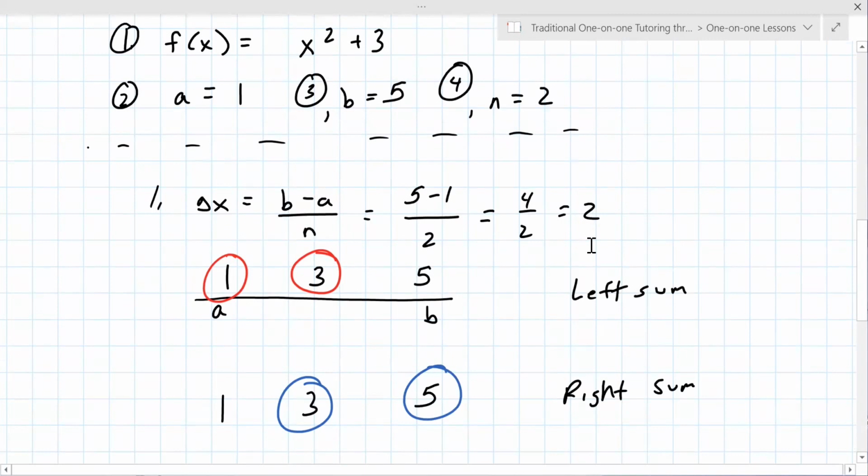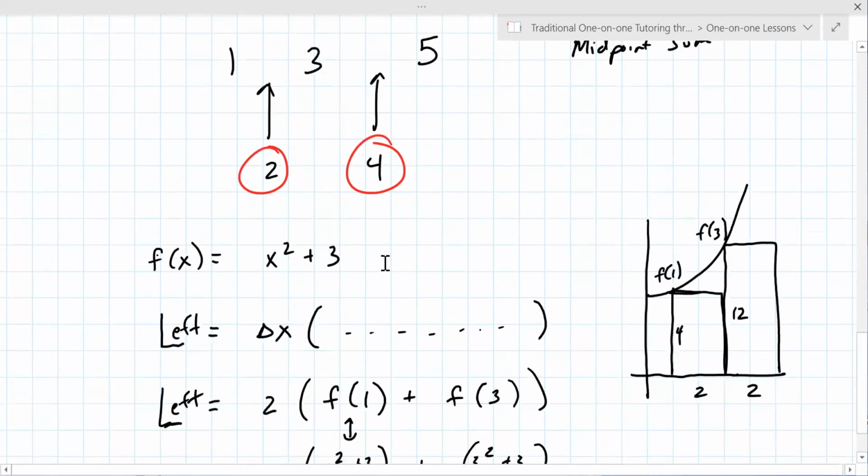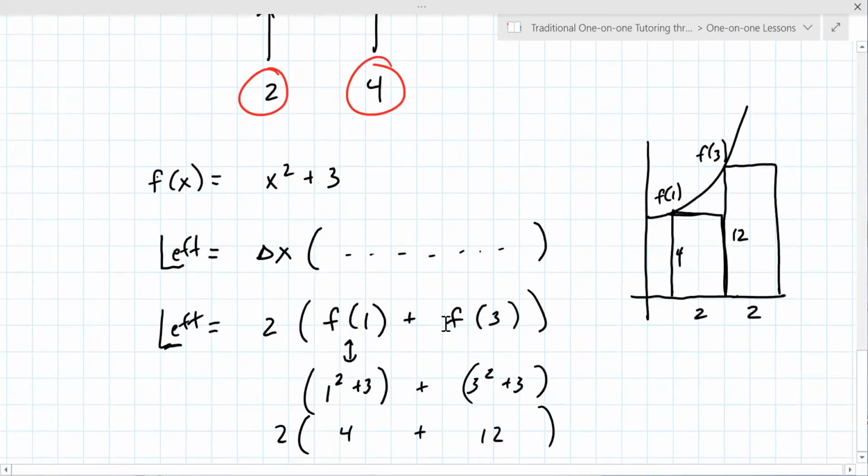Delta x is 2. So you make a jump here. You go, okay, that's plus 2, that's plus 2. I see. Yes, yes. These are all good questions. So you took the 1 from there and the 3 from there, and those are x. Yes. Those are your values you want to try to find.